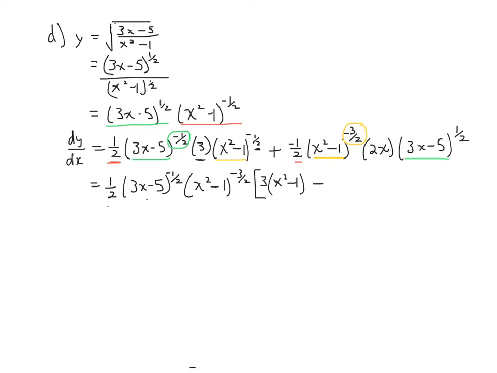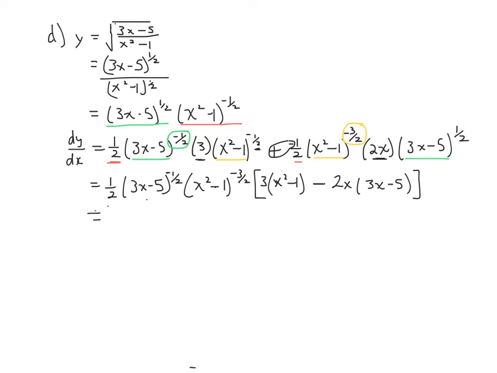Then I'm going to have a minus, because overall this was add a negative, a minus. I already have the x squared minus 1 to the negative 3/2. I need an extra factor of 2 and an x, and I need to multiply that by 1 factor of 3x minus 5 to make that a positive 1/2 exponent when we expand that.